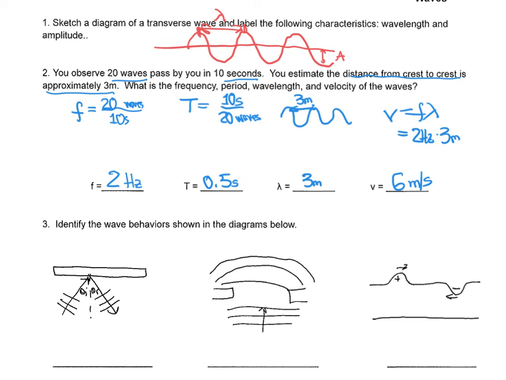All right, number 3, identify the wave behaviors. Oh, here we have a wave coming in towards a barrier at an angle, and it leaves the barrier at the same angle. Oh, that's called reflection. Perfect. All right, here we've got a wave, nice and straight, plane waves, and it goes through an opening between barriers, and it starts to curve.